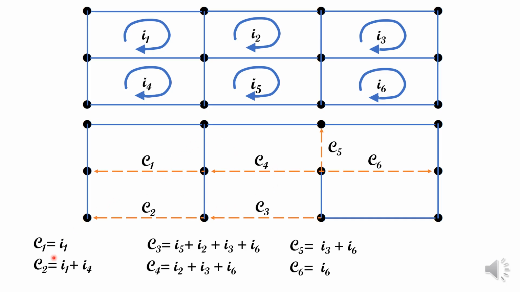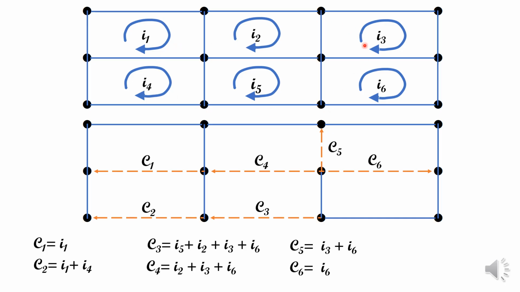And what I've done here is to show that the currents in these cycles can be expressed in terms of loop currents. So from that we can deduce that any set of currents satisfying Kirchhoff's laws can be expressed in terms of these loop currents.